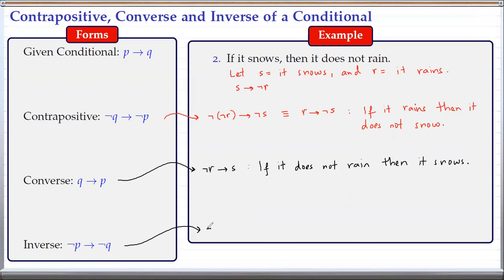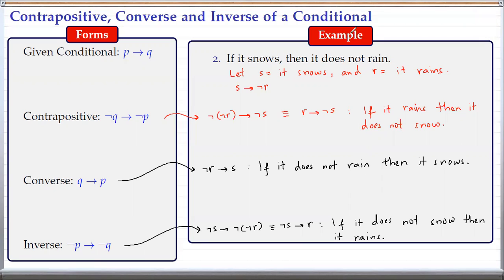So we will have not S implies not not R, which is same as saying not S implies R. This we can write as: if not S, so if it does not snow, then R, so then it rains. This is the inverse of the given statement.